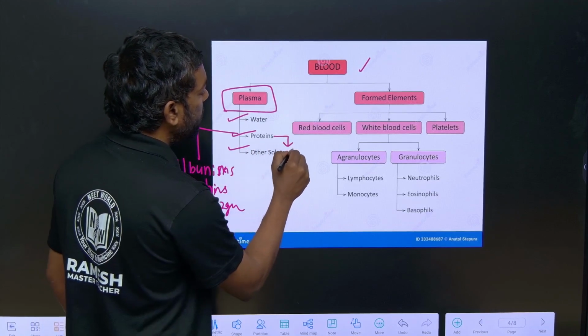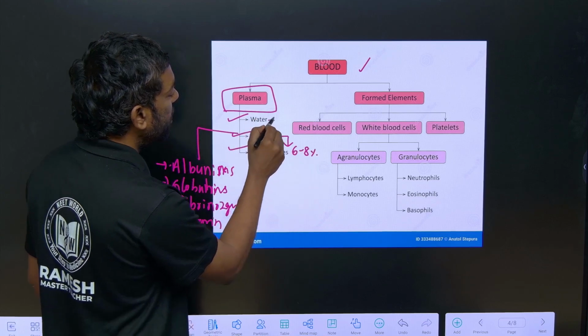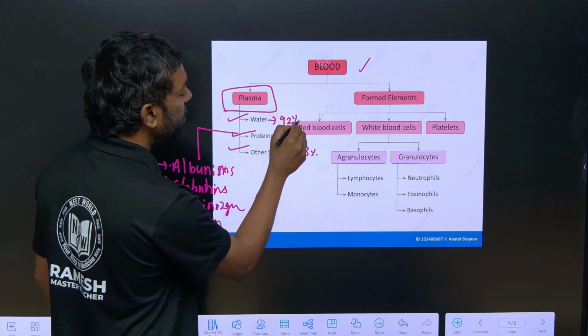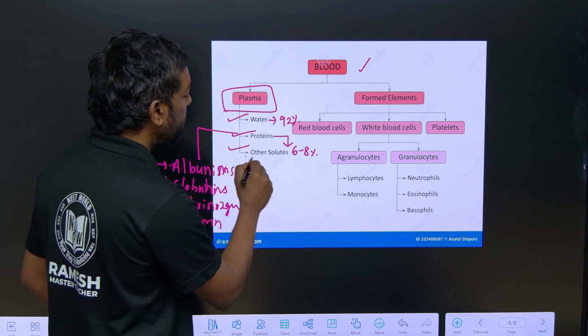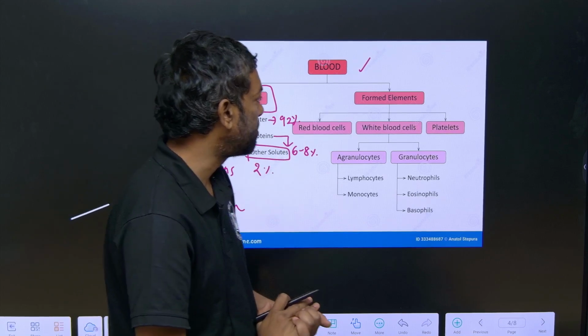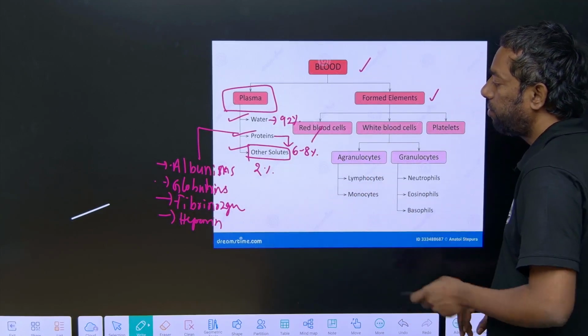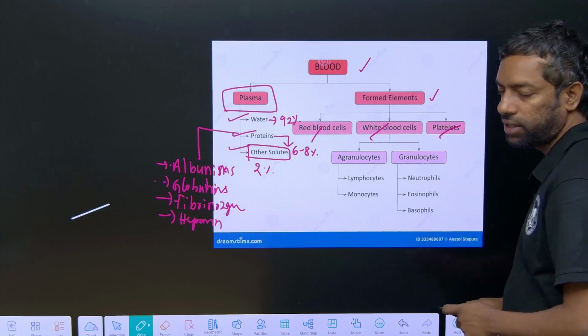Proteins are 68% of the composition of the plasma, water is 92%, and other solutes are 2%. This is about plasma. And formed elements: RBC, WBC and platelets.